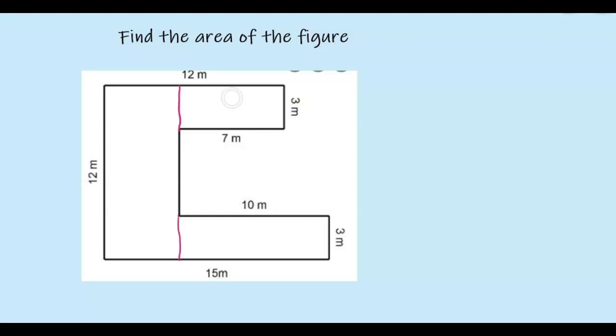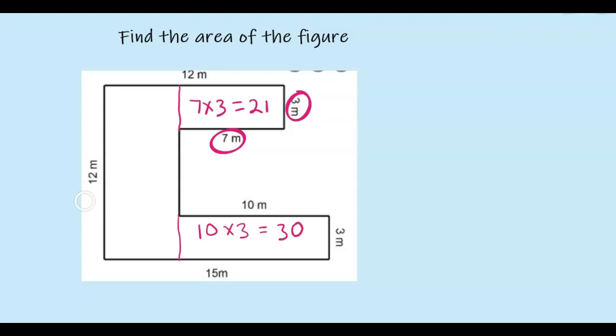Here, my length is 7 and the width is 3. So 7 times 3 gives me 21. Here I have 10 and I have 3 here. So 10 times 3 gives us 30.